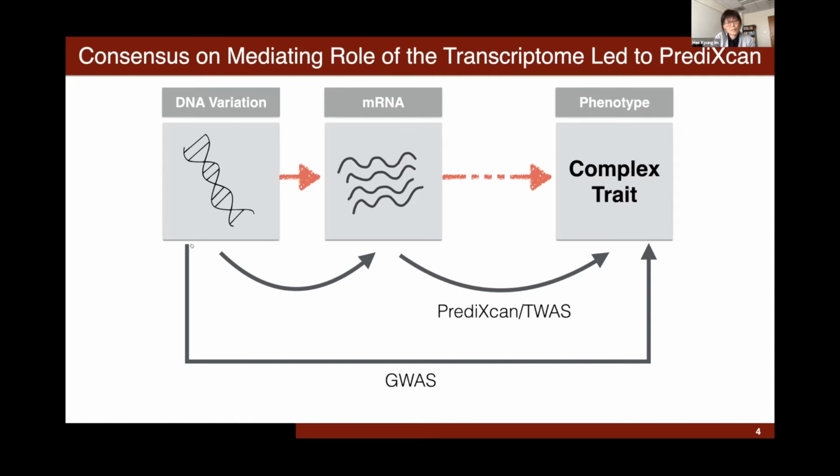In a GWAS, we associate DNA variation with phenotype. Based on this idea, back in 2015 when the paper was published, we proposed the PredictScan framework, where we use mRNA levels inferred from DNA variation, associate those inferred mRNA levels with the complex trait to find the causal genes, or at least reduce the list of causal gene candidates.